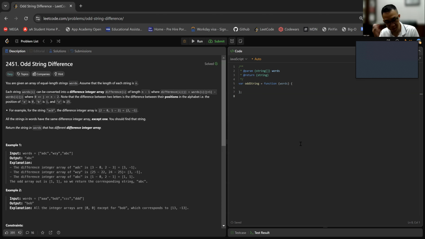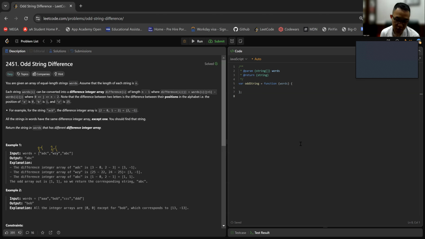So we have to keep track of the difference. Let's say it is 3 and minus 1. As soon as we find a difference that has a count of 1, we just return that word, the word with a difference quantity of 1.